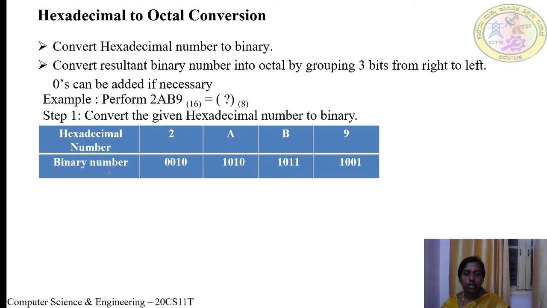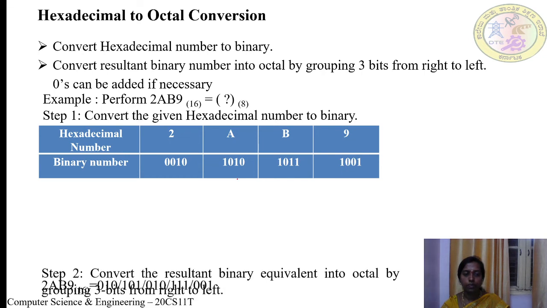So the equivalent binary numbers can be written as follows. For 2 we take 4 bit positions, that is 0010. A can be written as 1010. B can be written as 1011. 9 can be written as 1001.